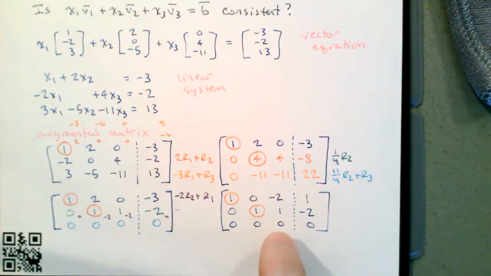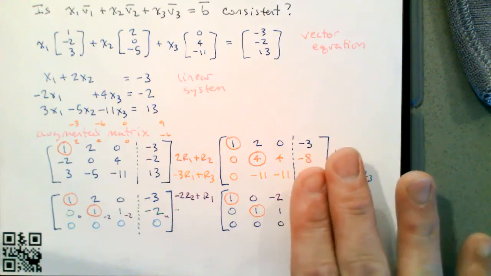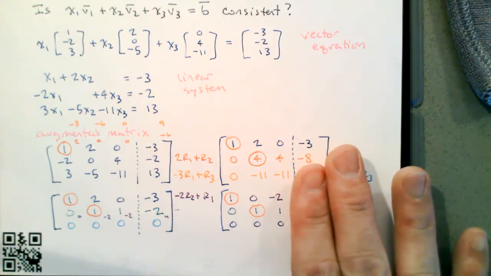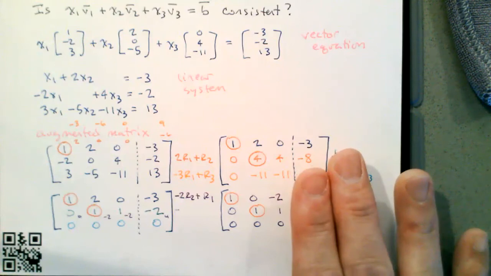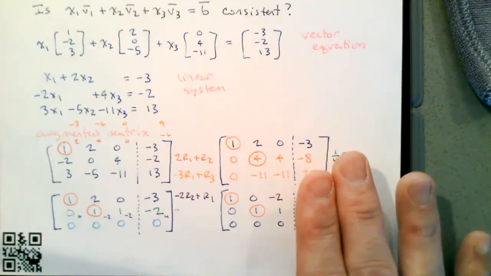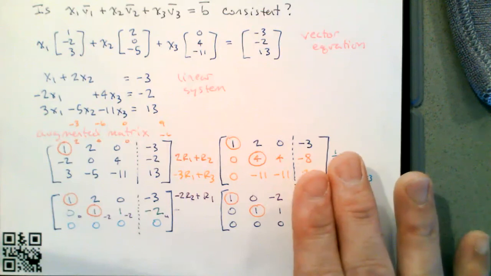Notice that V3 is not really necessary because V3 is a linear combination of V1 and V2. If I make this augmented matrix, I can see that. So if we're trying to be efficient, I don't really need V3. Anything I can build with V1, V2, and V3, I can build with V1 and V2. And so V3 is not efficient. I just need V1 and V2, but I definitely need both of them.